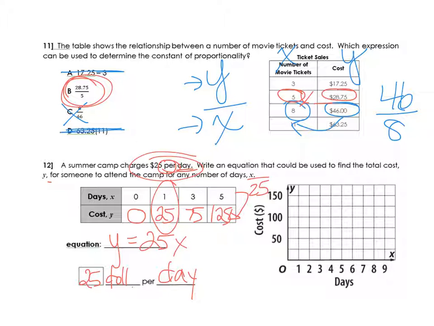Okay, so 0 days cost $0, so that goes there at the origin. 1 is 25. 2 is 50. 3 is 75. And 5 is 125. Okay. Oops, I put that in the wrong column.